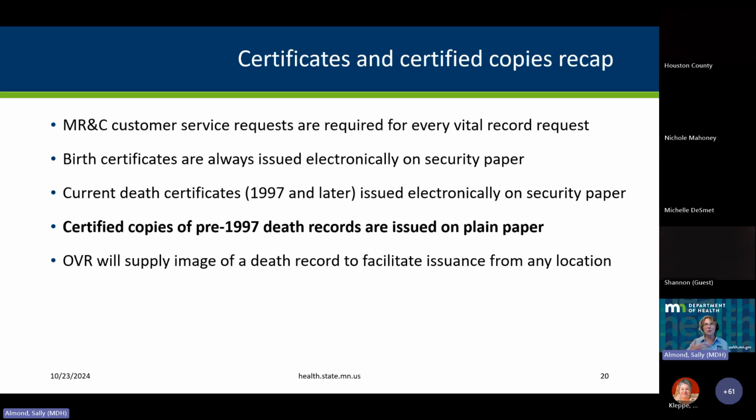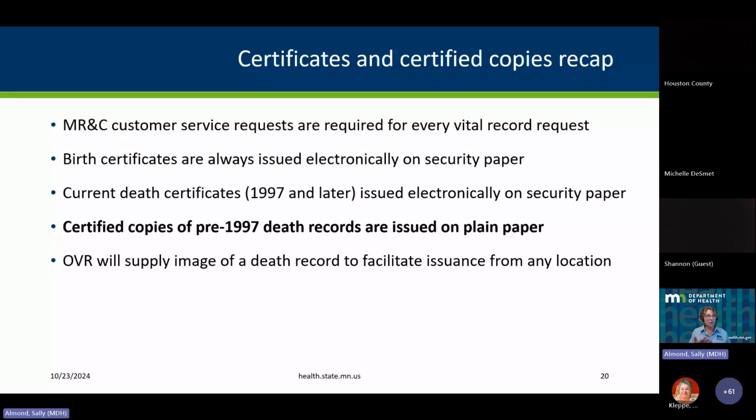I am assuming that you are used to entering those requests in MRNC. It's the same as if you're entering a request for a record that's in MRNC, how you search for the record and link it to the request. So it's not different than what you're used to doing. Okay, those deaths are usually lined in a ledger, so we use a form.